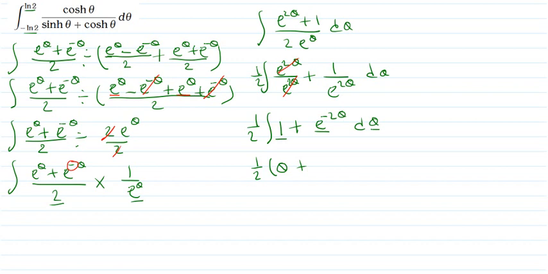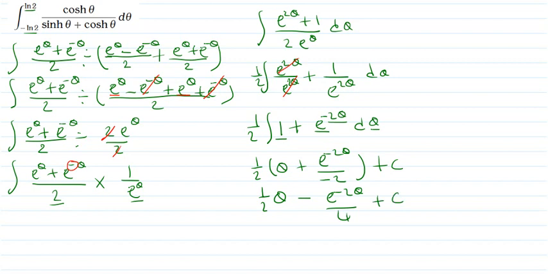So we're going to have e^(-2θ), then the derivative of e^(-2θ) is simply negative 2. So we're going to have over negative 2 here, then plus c. This reduces to 1 over 2 [θ minus e^(-2θ) over 4] plus c.